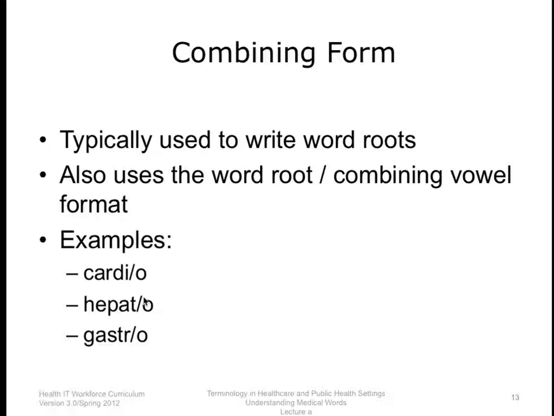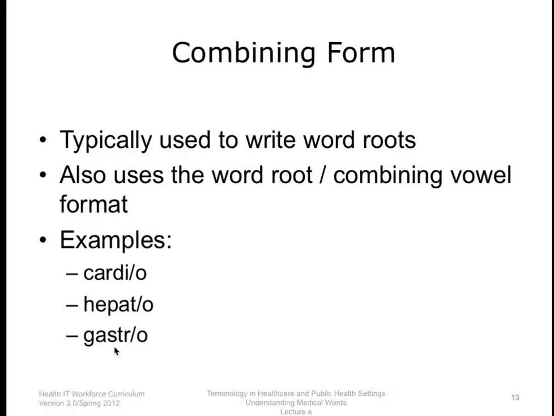When we typically write root words or word roots, the format that is used is the word root followed by a slash and then the combining vowel. So here's a way to look at this. Cardi/o. Cardi relates to heart. So cardio. Hepat/o. Hepat relates to the liver.